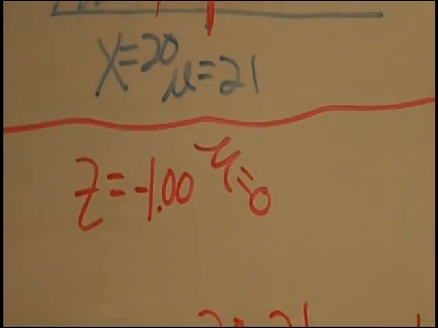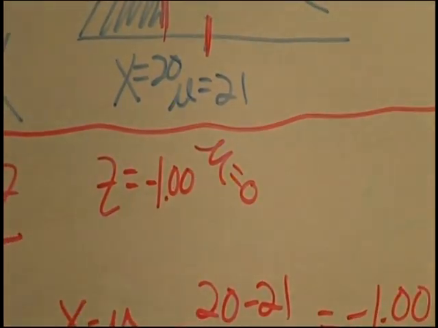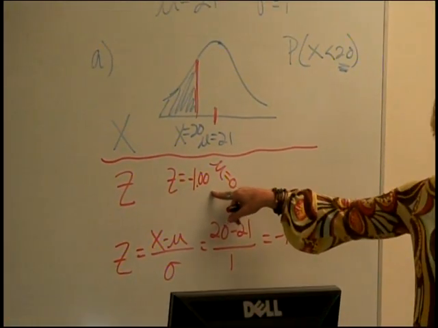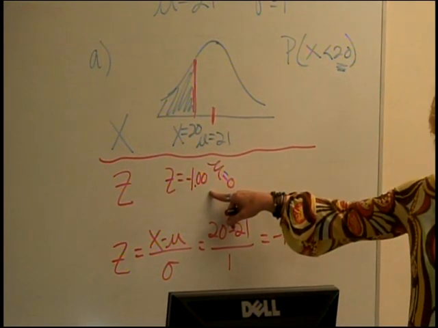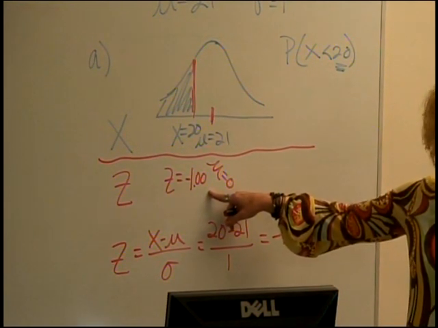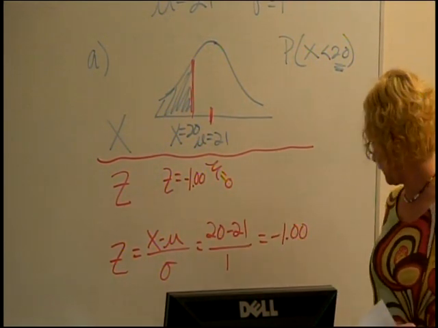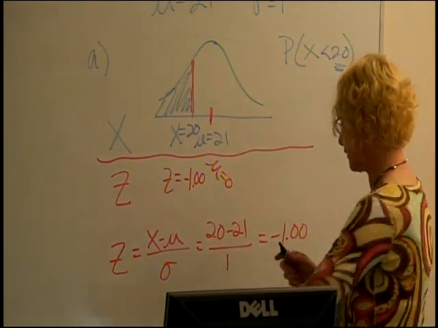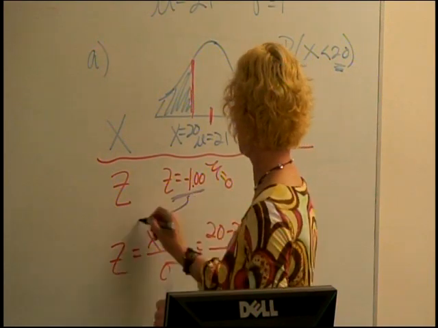Okay. So now we want that area to the left, and when we look up that Z-score of -1.00 on our table, it gives us the area to which side? To the left, good. So just by looking up this Z value, we'll get the area that we want.